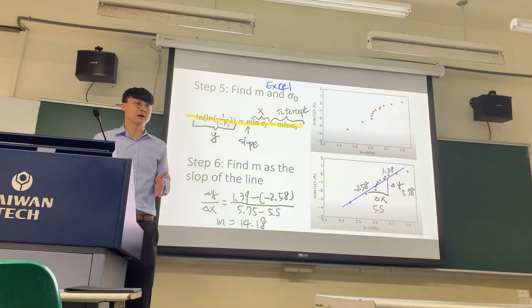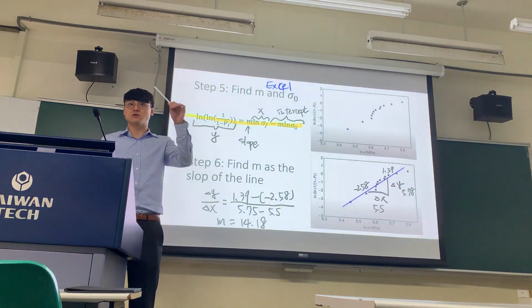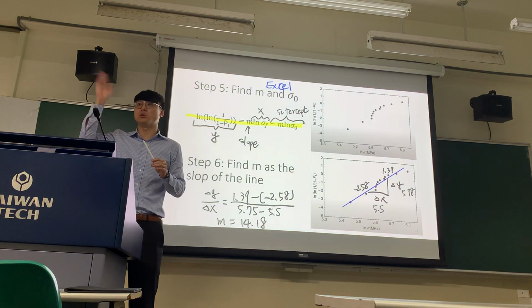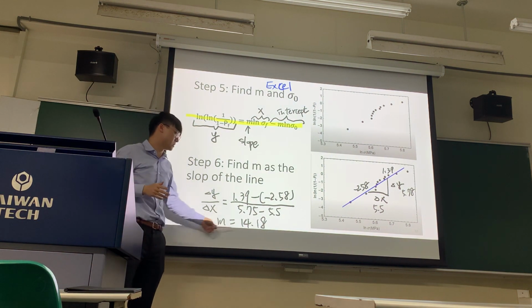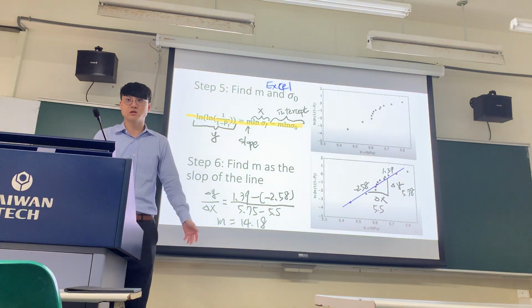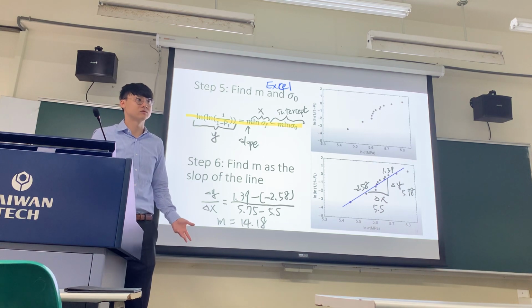But if you use Excel, it gives you a linear fit, the line drawn, and it directly gives you the y equals mx plus b relation and the slope. The m is also around this value, so now we already know the Weibull modulus m is about 14.